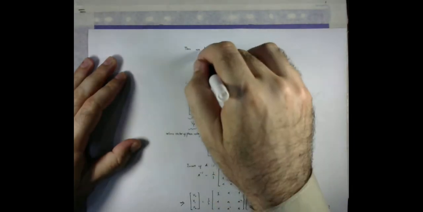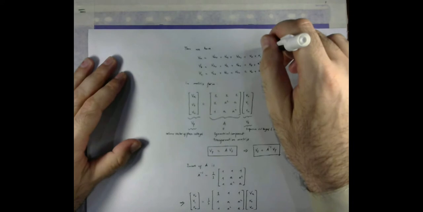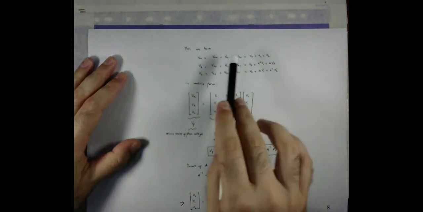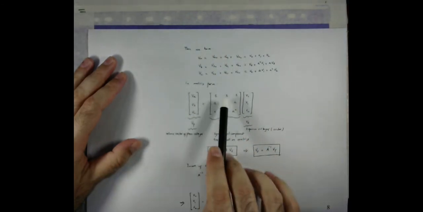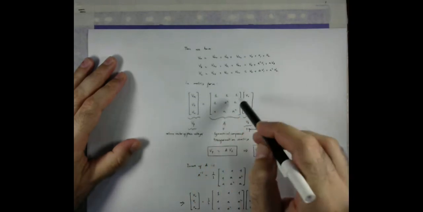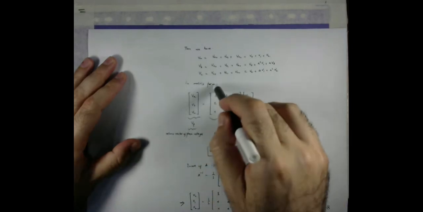So these are the phase quantities, and V0, V1 and V2 are the sequence components. Now this expression can also be written in matrix form. So these are the phase quantities, these are the sequence components, and this is what we call the transformation matrix.